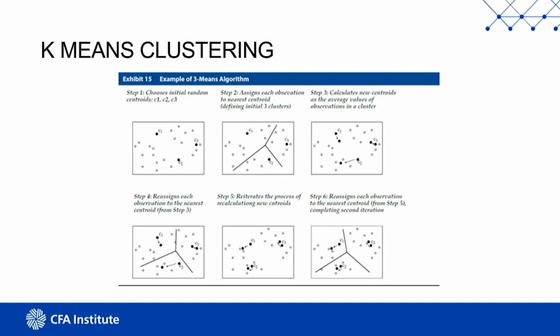So here's some example data, and we're going to make the decision we want to find 3 clusters. How it works is you basically randomly place a centroid, a kind of center point, for each of these 3 clusters. So here in the top left diagram, step 1, it's just got 3 randomly selected places. Step 2 then shows how, because of those positions, those lines now define for each position in this space which cluster each place would fall into.